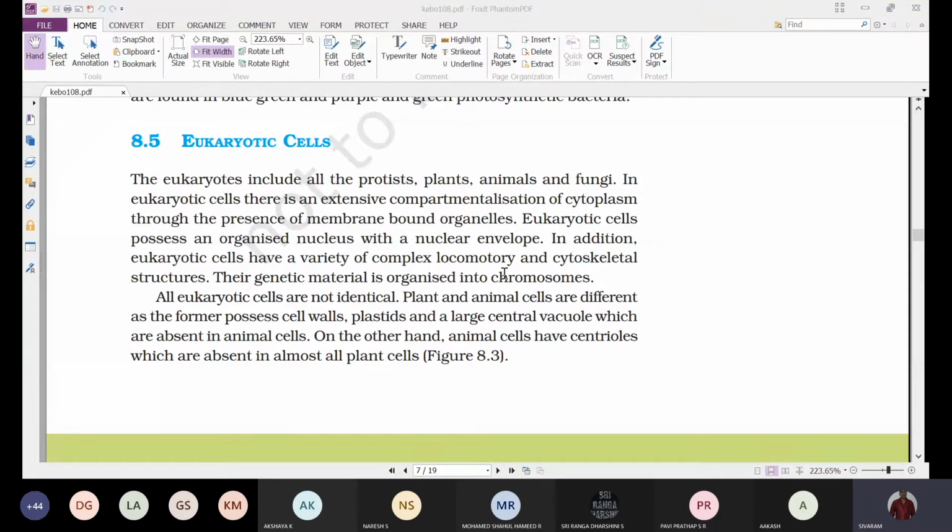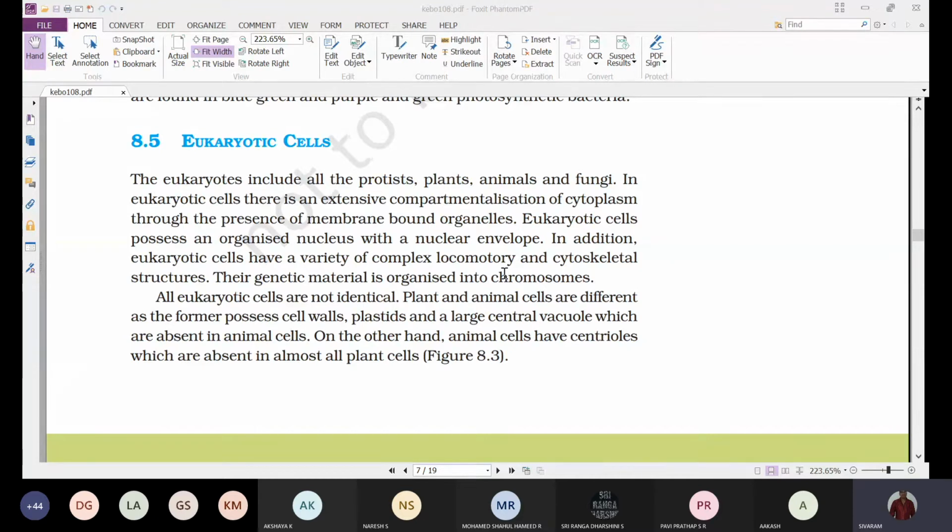But in eukaryotes, the cytoplasm is divided into many compartments, because of the presence of membrane-bound cell organelles.